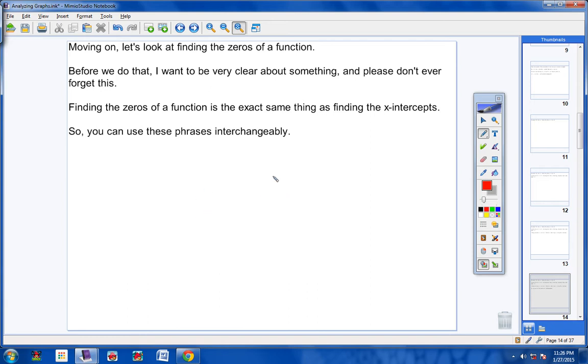For example, what is the 0 of this function right here? Well, that's obvious. The 0 is -2, because what value could you put in for x that would give you out a 0 for the whole function? Well, -2. If you put a -2 in for x, -2 plus 2 is 0, so y equals 0. So that's why we call them zeros.